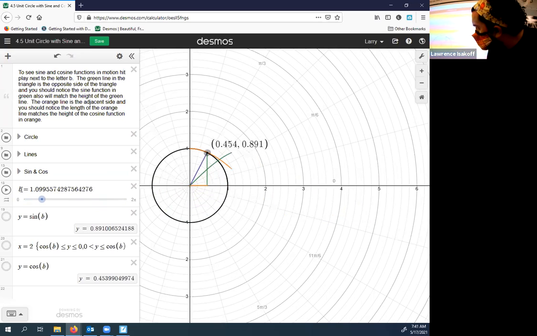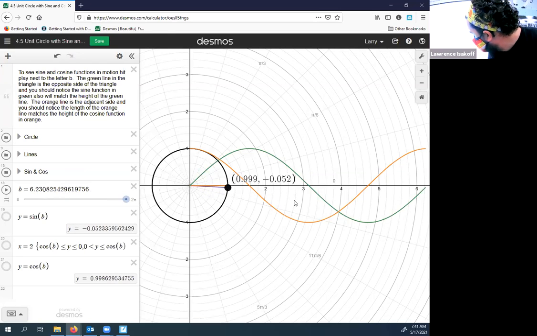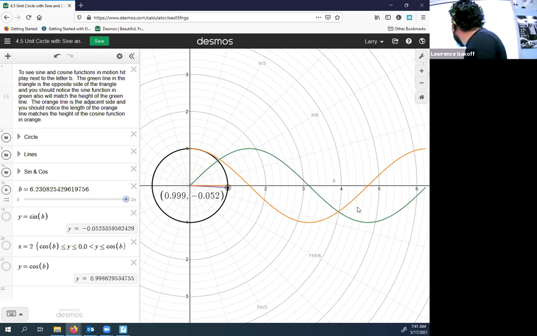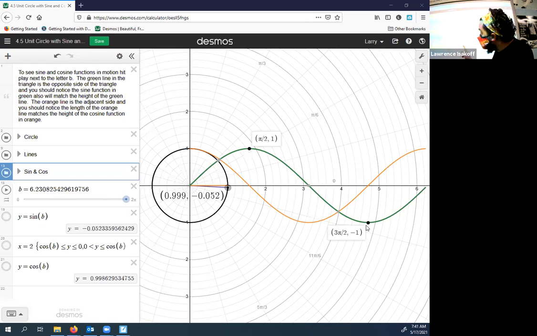I'm going to pause this and we'll look at some of the critical points. Let me get that almost all the way done. There we go. Here would be a max. Here would be a min. That's for the sine curve.